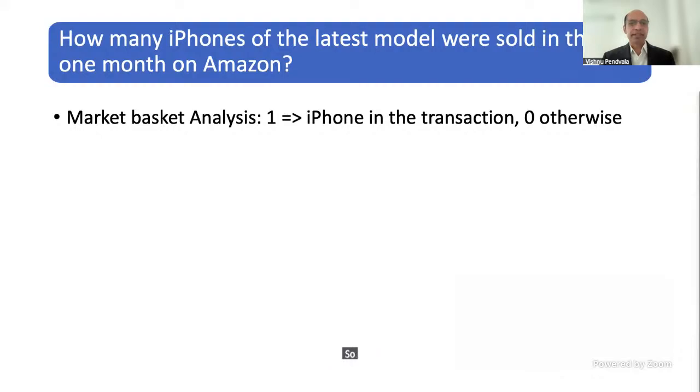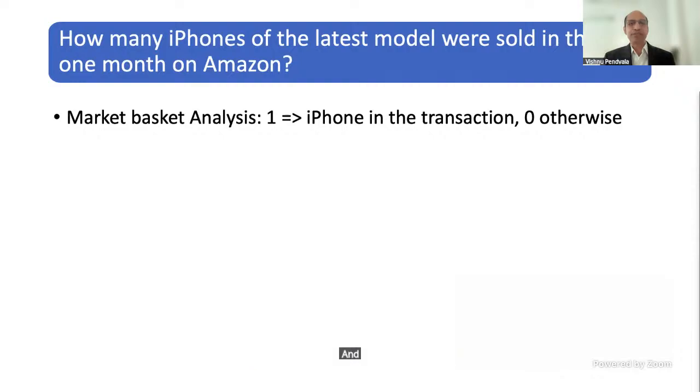So Amazon has to do something called market basket analysis. If iPhone is in the transaction, then a bit is set; otherwise, the bit remains zero. That is how the stream is generated. A transaction is like a market basket, and it can include a number of items.